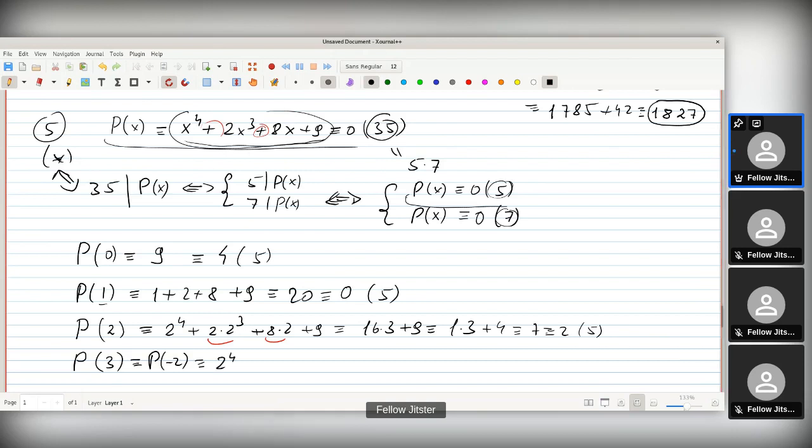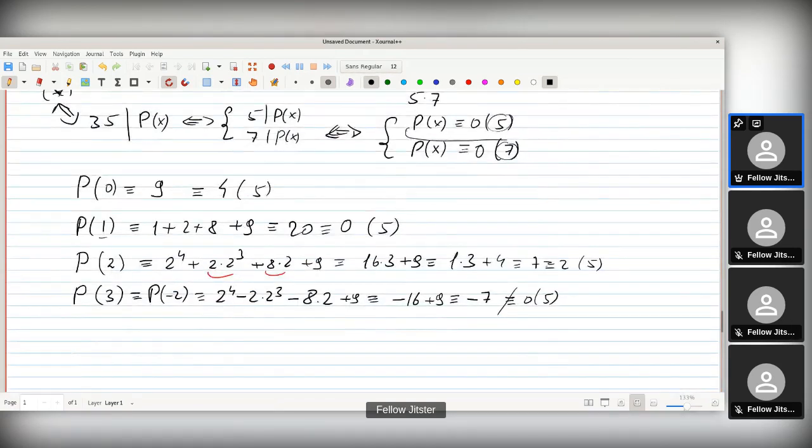So I have 2 to the power 4 minus twice 2 to the power 3 minus 8 multiplied by 2 plus 9. So what is it? It is minus 16 plus 9, which is minus 7. It is not 0. Not a solution.